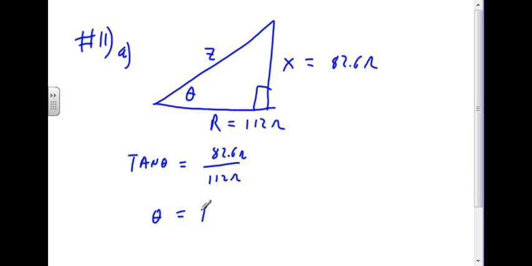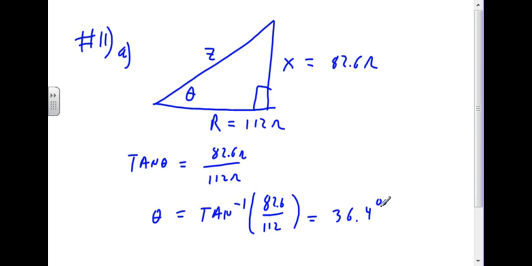Theta is equal to the arctangent of 82.6 divided by 112. And now we'll write down our answer: arctangent of 82.6 divided by 112, 36.4 degrees. Okay, so that's my A answer.